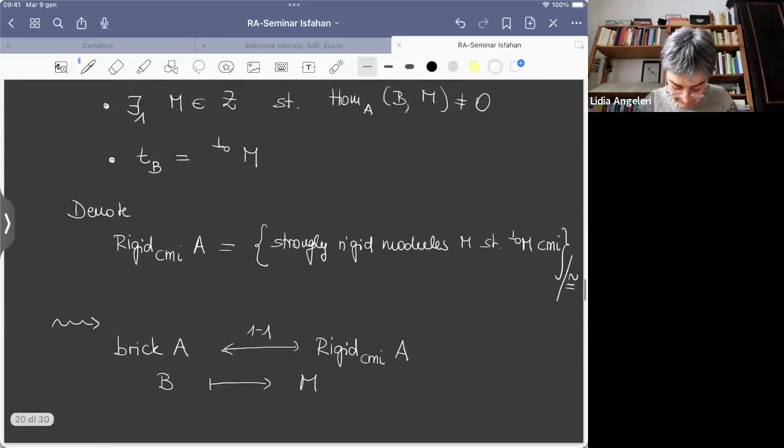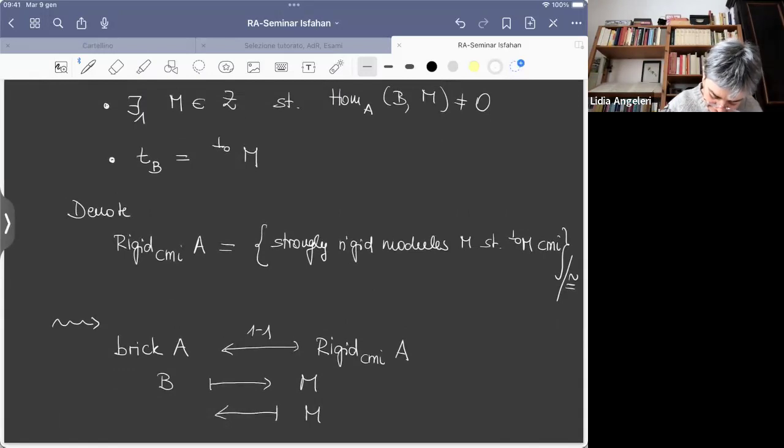And conversely, the inverse map takes M and maps it to a reject, namely to the intersection of, so I would denote by E the endomorphism ring of M, and here I'm taking the reject of the radical. So I'm taking the intersection of all kernels of maps in the radical of E.